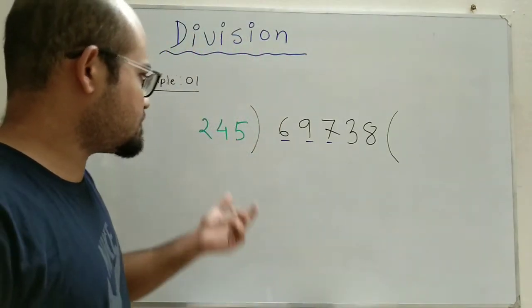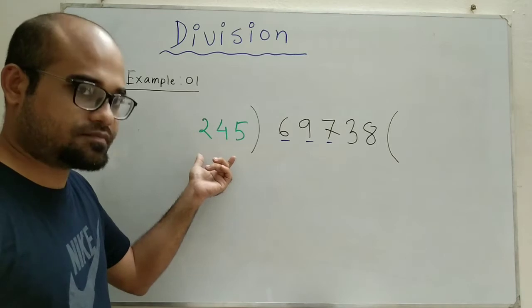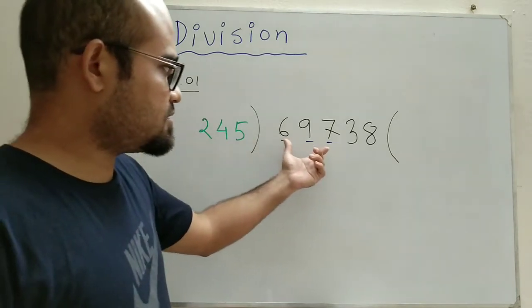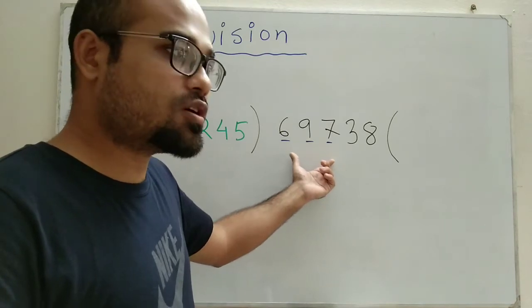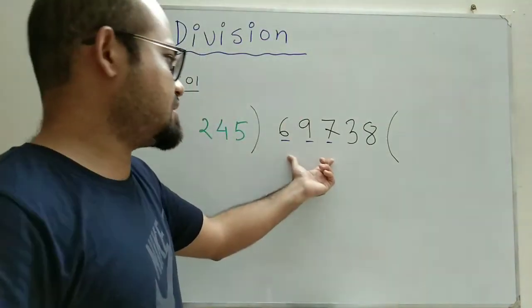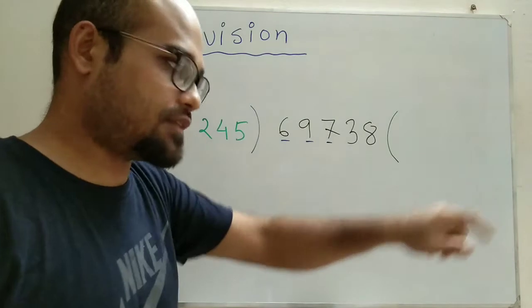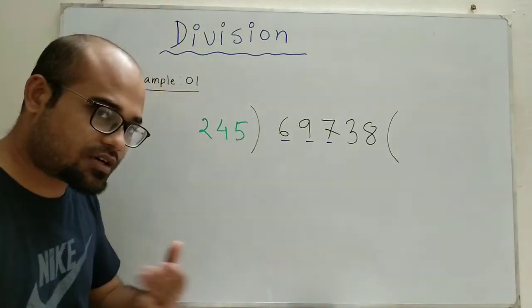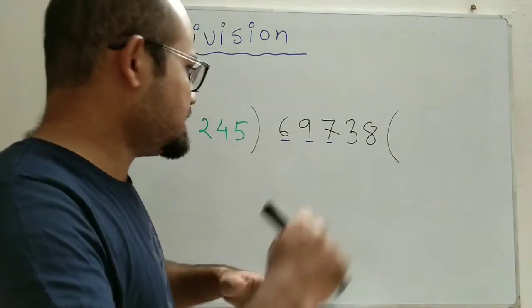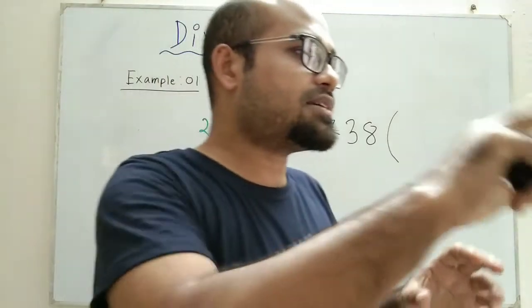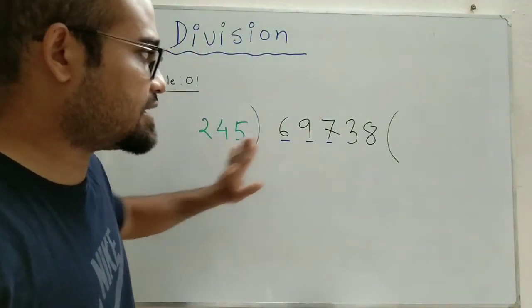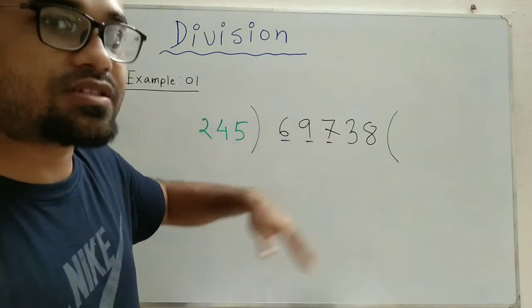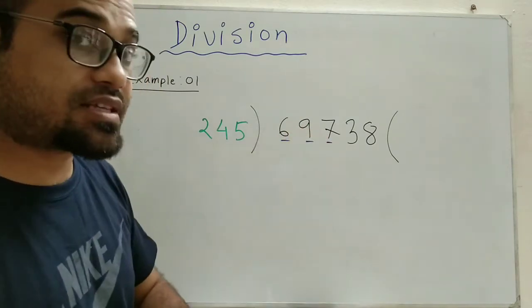My next task is to find a number that is either equal to 697, or as close to 697 as possible, but less than that. And how are we going to form that number? We will select single digit multipliers, multiply them with 245, and see which number becomes as close to 697 as possible.